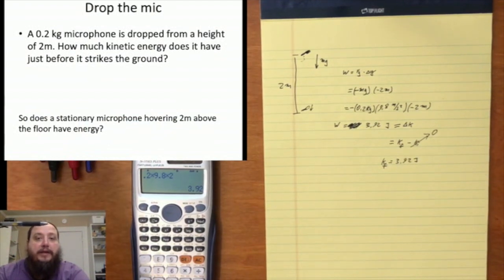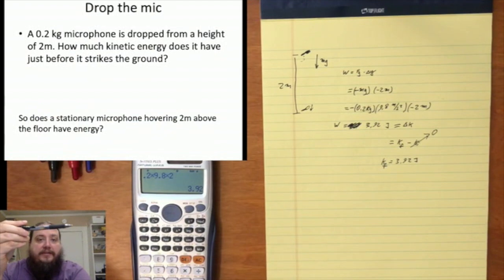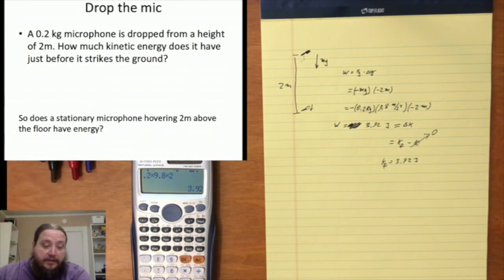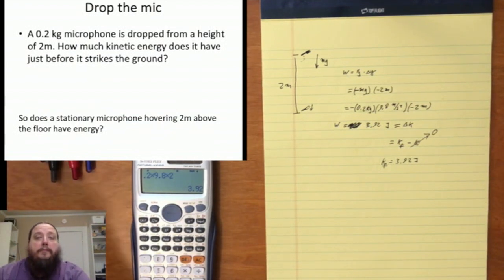That's going to be the natural behavior of the microphone, whereas the natural behavior of the microphone on the ground would be to not move. And so, in a very real sense, sitting up here, there's more potential for the microphone to do something interesting than there is on the ground.